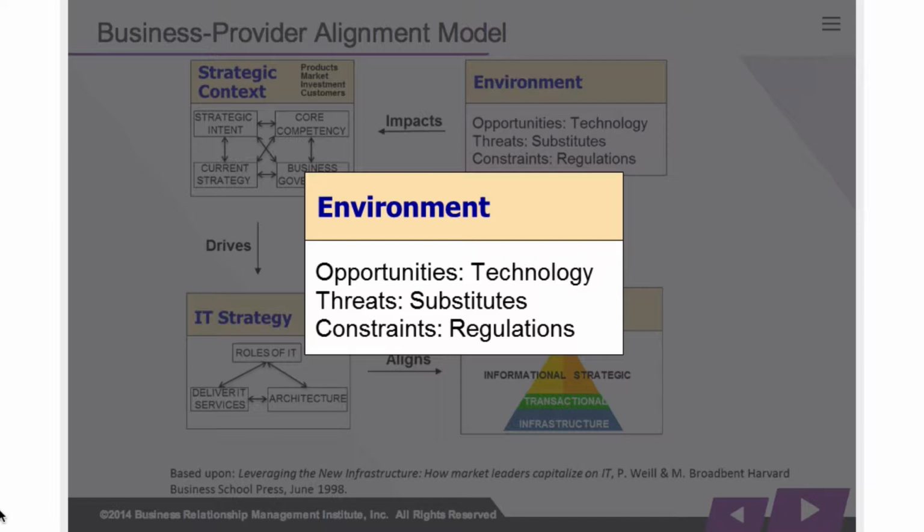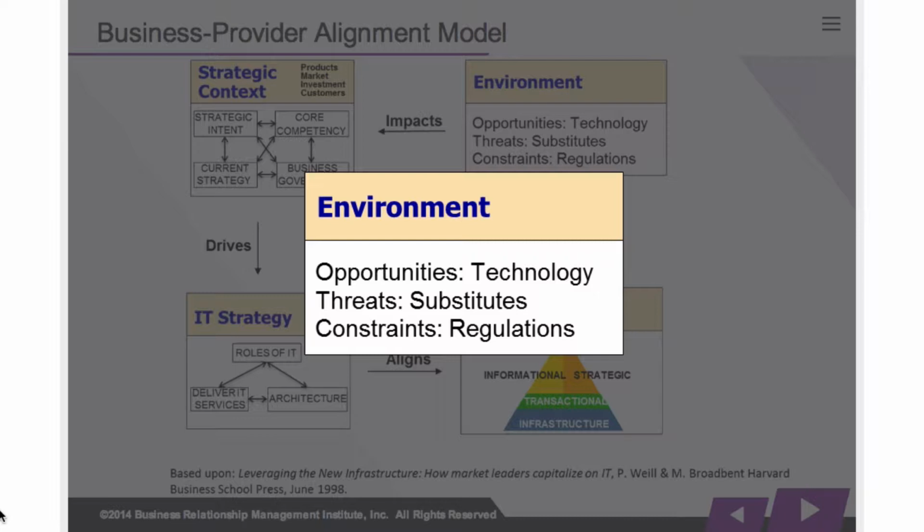So, new emerging technologies provide opportunities for the business to engage with its customers in innovative ways. They also provide opportunities for the provider to reduce the cost of its services while at the same time improving performance. Of course, new technology can also be a threat. For example, it can make it easier for competitors to enter our market. Think about bookstores and Amazon.